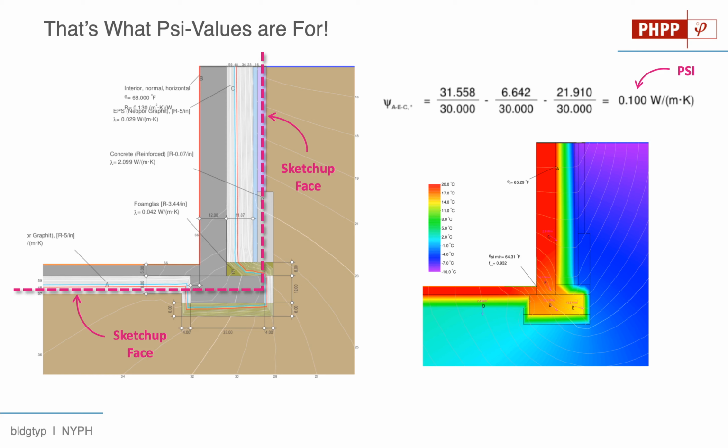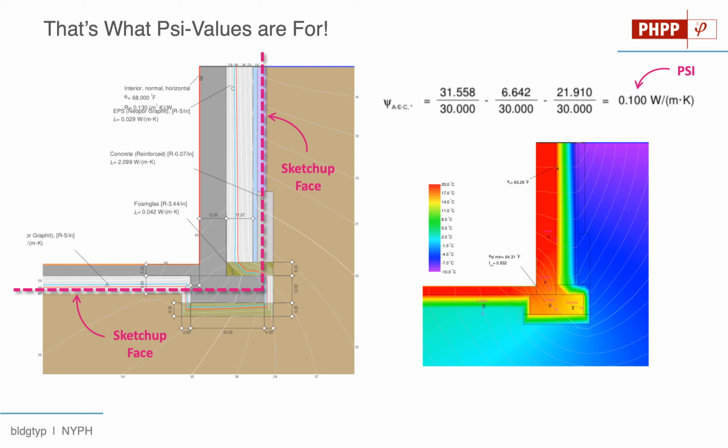So it's very common for us to model a relatively simplified planar energy model, and then the nuance of all of the particular geometry of these types of intersections, something like the footing here, this all gets taken into account in those psi values. And the psi values are going to be a really, really straightforward and simple way to manage all of that information.